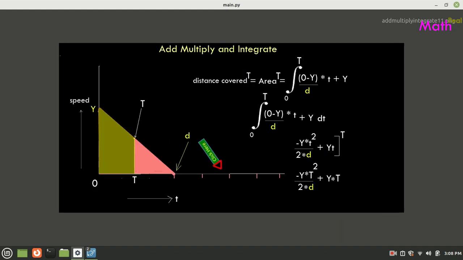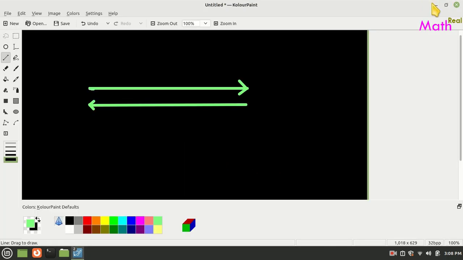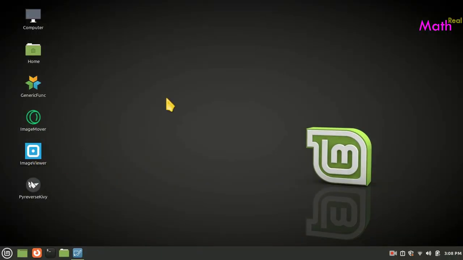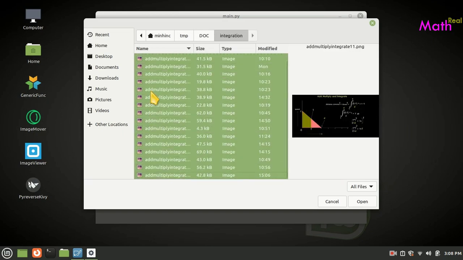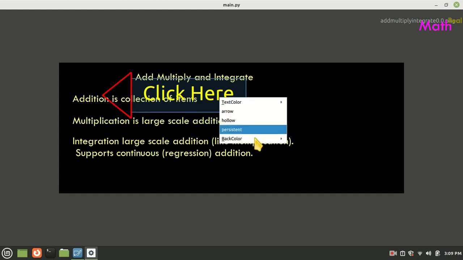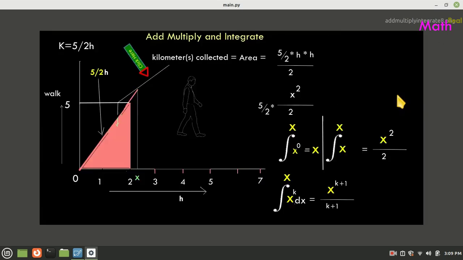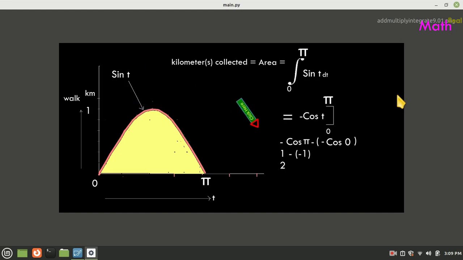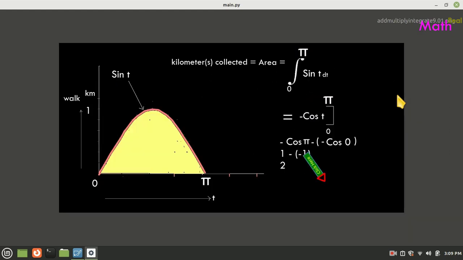So in the sine wave, the calculation of area through integration is, the way the integration of x becomes like this, the integration of sine t in a similar fashion becomes cos t. So this is the way we calculate the area.